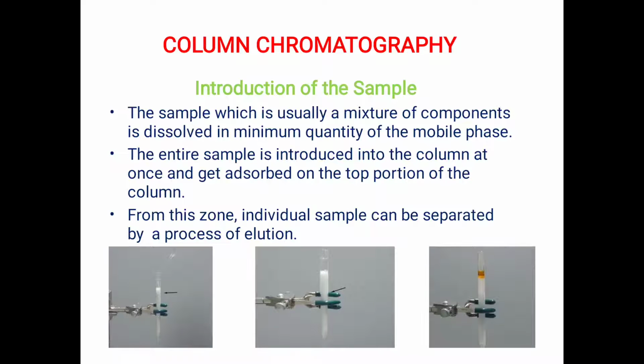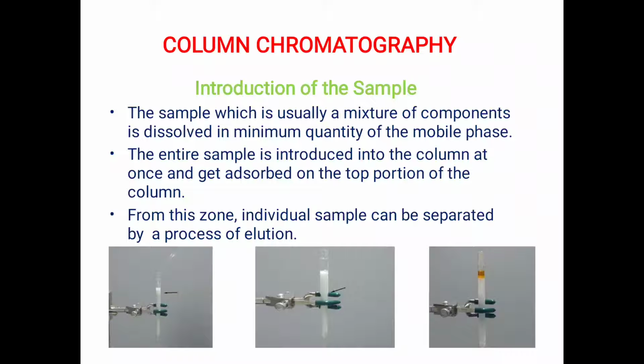So column chromatography is a technique used for the separation of mixtures which are dissolved in a minimum quantity of the mobile phase, and the entire sample is introduced into the column at once and gets adsorbed on the top portion of the column, and from there zone formation takes place. So individual components can be separated by the process of elution.